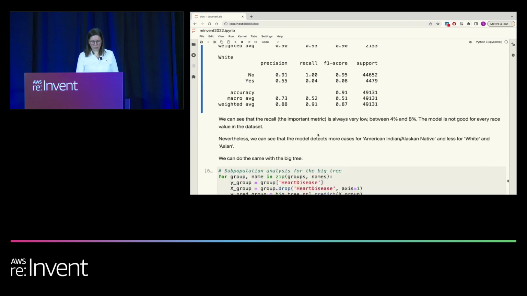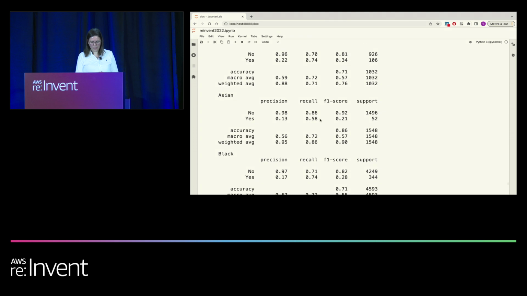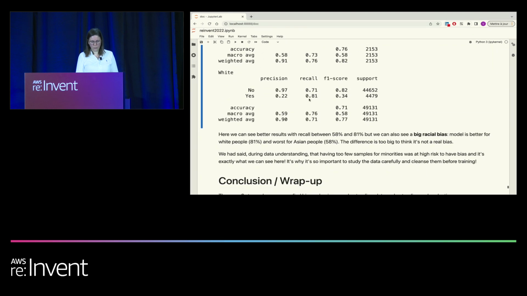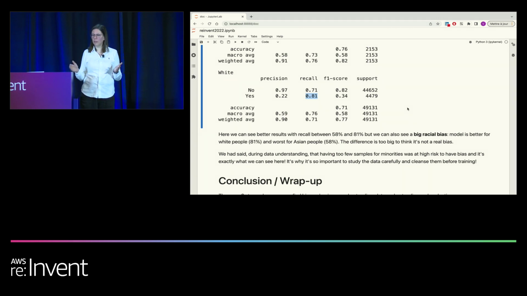But if I do the same with my big tree, I will have these results. And as you can see here, for the Asian people, the recall is only 58. But if I look at the white people, the recall is 81%. So I've gone from 50 to 80% of recall regarding the race of my patient.